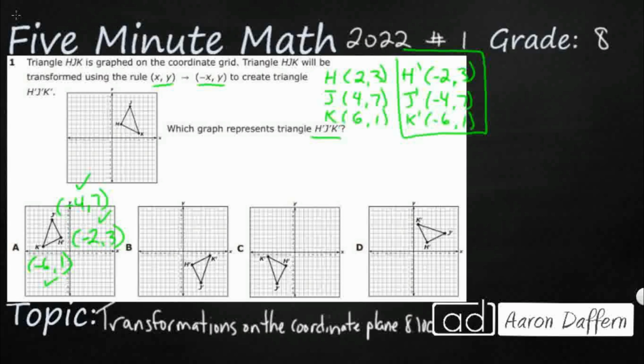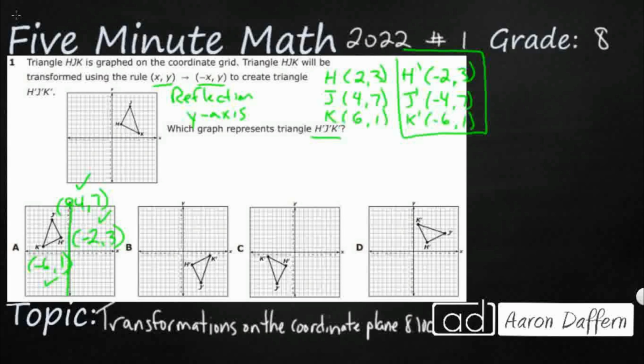So it does look like they just kind of reflected it across the y-axis. So it's a reflection across the y-axis. Kind of used this y-axis here as the mirror. So I think it's A, but as always, let's check the other ones.